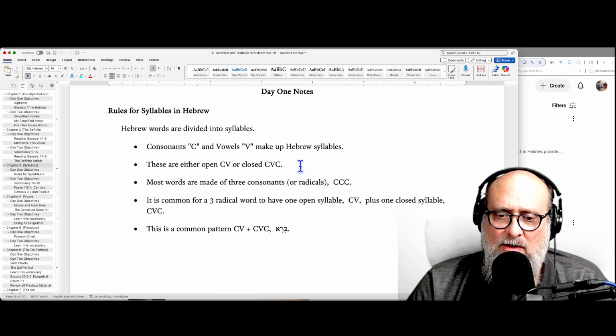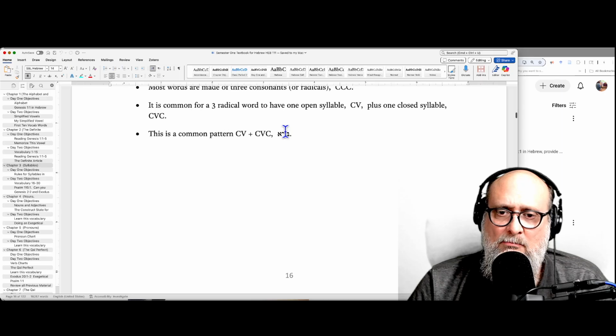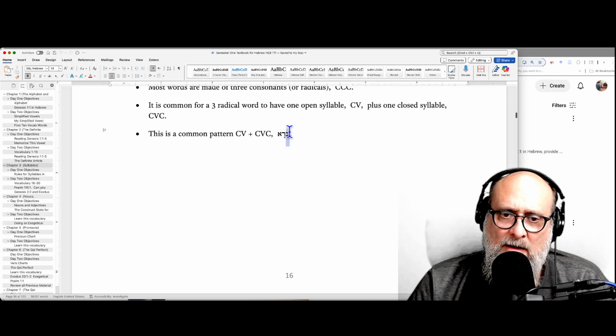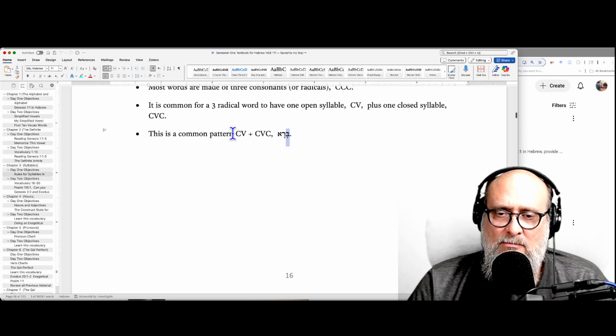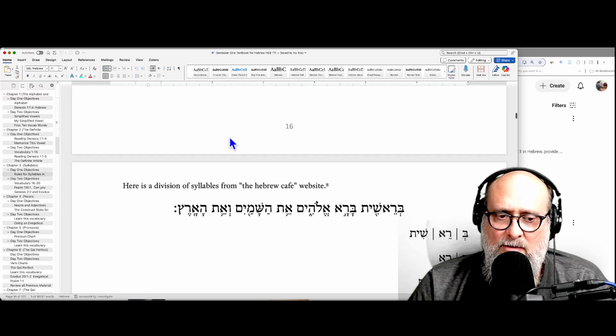So a closed syllable starts and ends with a consonant, and an open syllable ends in a vowel. So if we come to bara, create, the ba part is going to be the open pattern, and the ra will be the closed pattern.